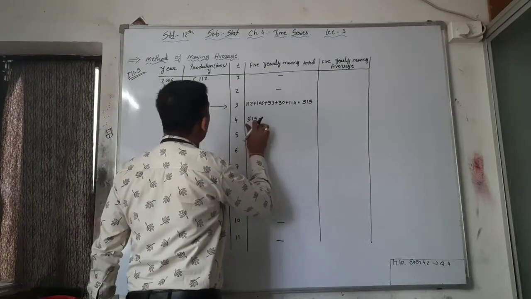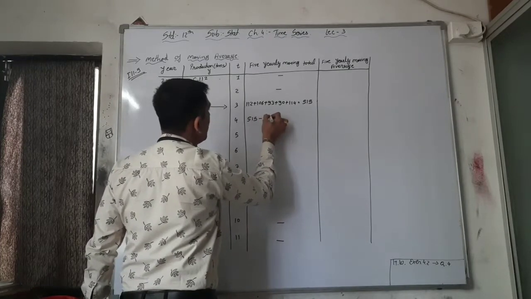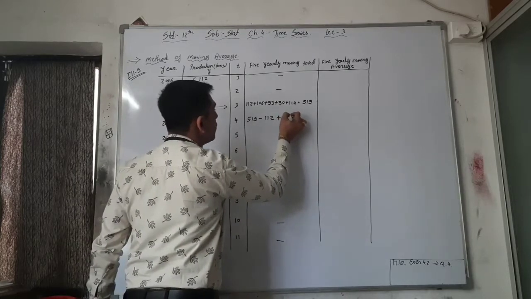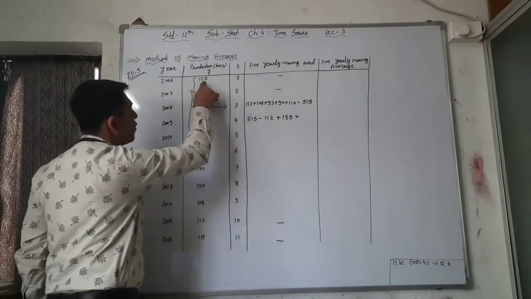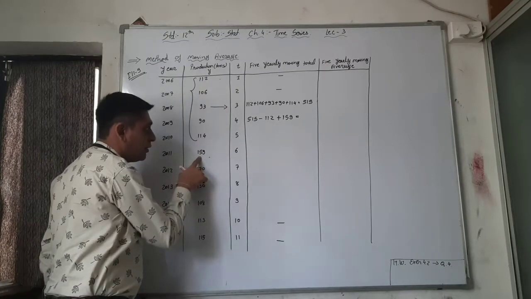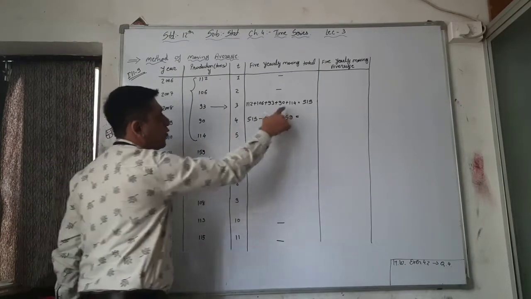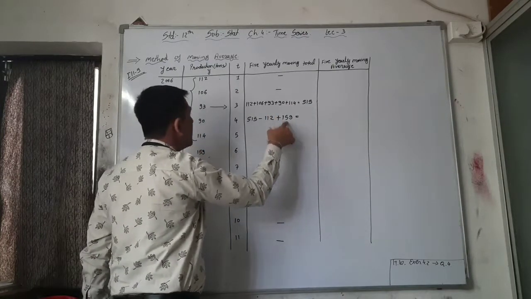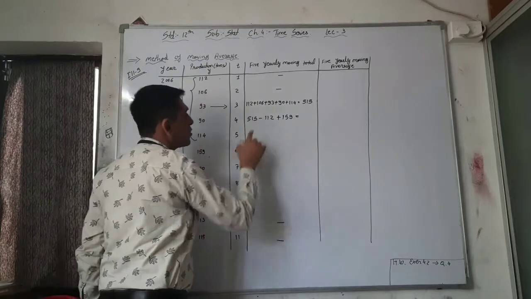That is 515 minus 112 plus 159. See here, we have to subtract this one and add the next one, that is after 114, which is 159. We have to add this and first subtract.